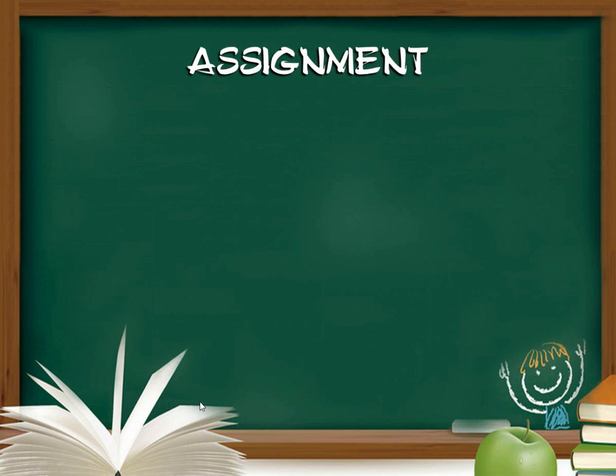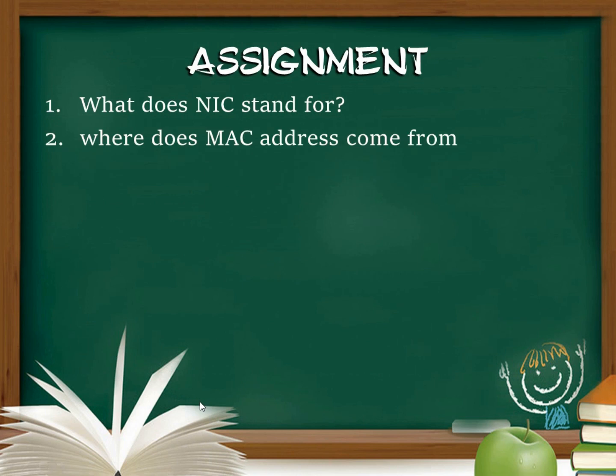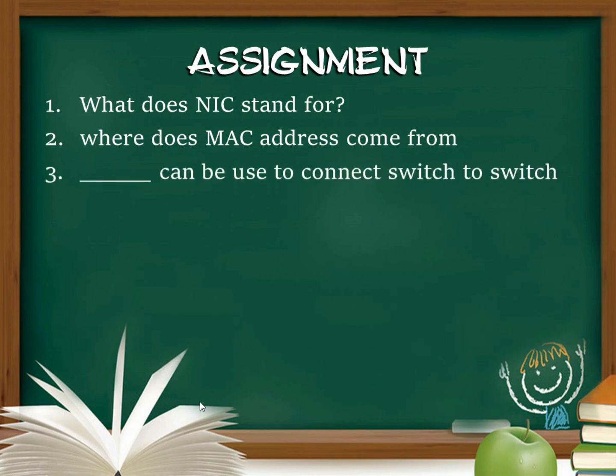So our assignment is going to be like this. The first one, define what is NIC and what does NIC stand for. Where does MAC address come from? Do we know it? I know we did this in the last two topics. Dash can be used to connect two switches together.